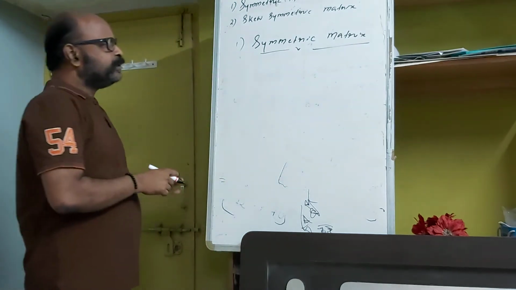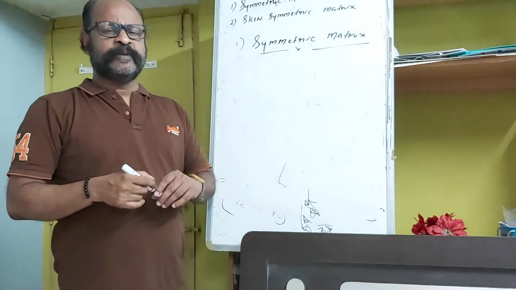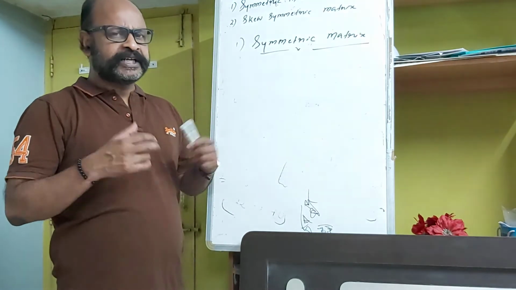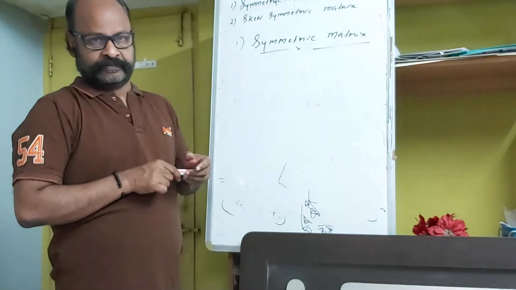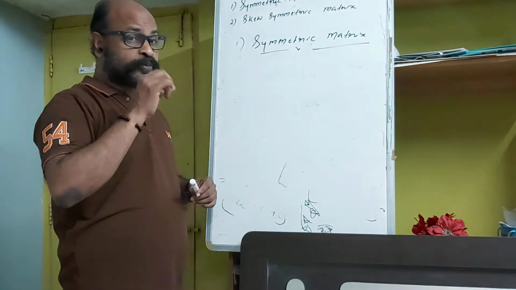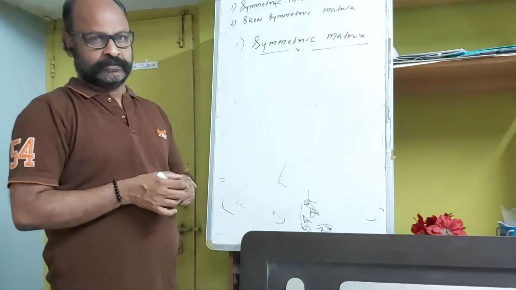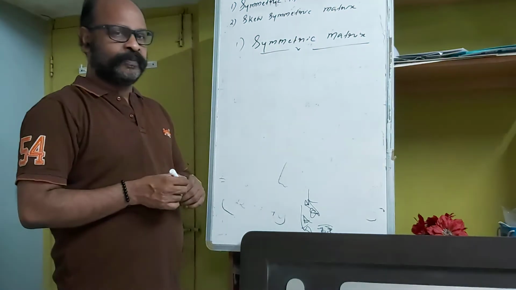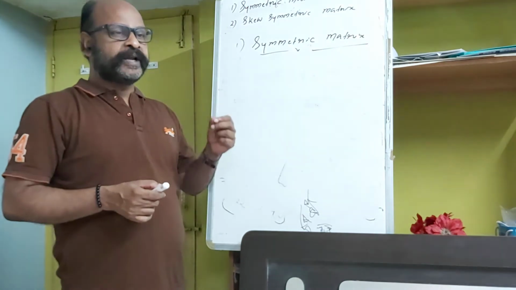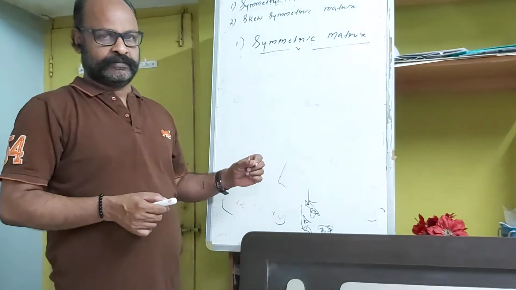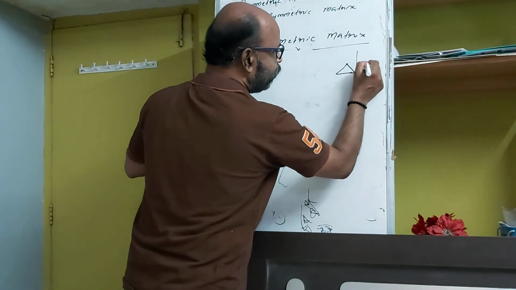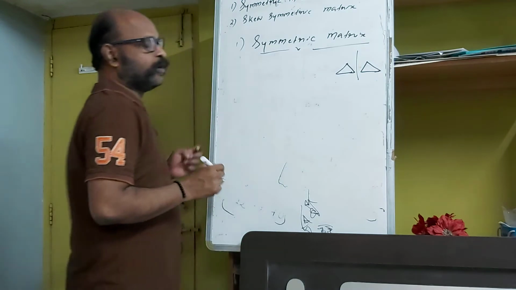In mathematics we are very much familiar with the term symmetric, which we often use, especially in geometry. For example, suppose a triangle is placed in front of a mirror. Then the image obtained is again a triangle.